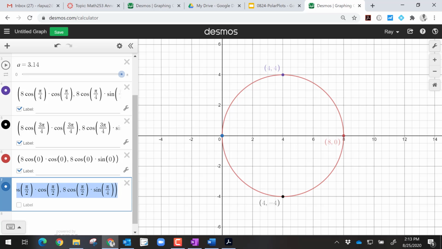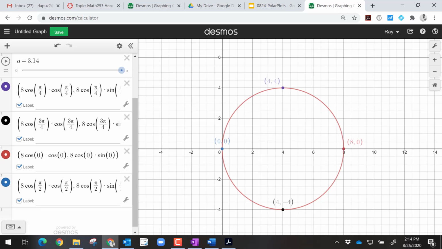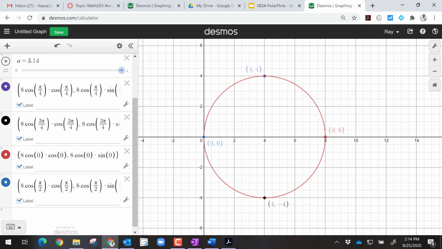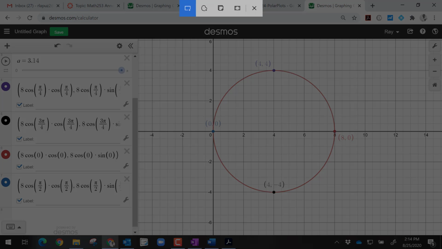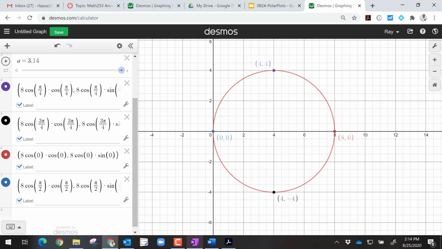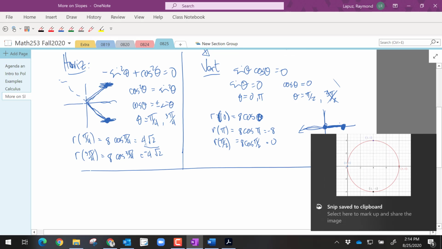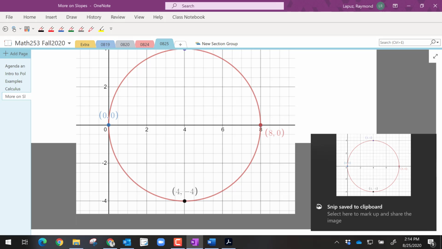So there's that last point at 0, 0. So this is our graph, and these are the places where we have our horizontal and our vertical tangents. Okay. All right. I hope that helps, and good luck.